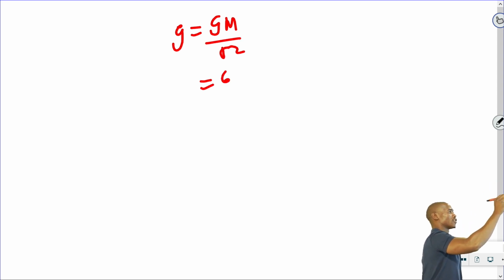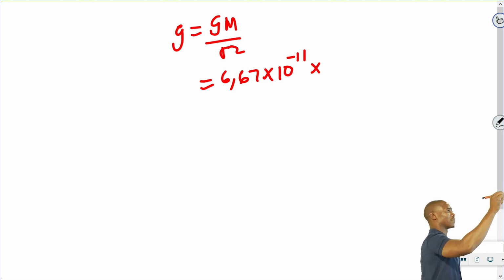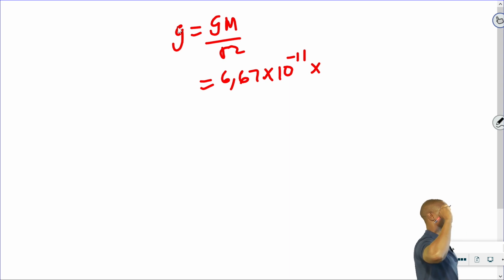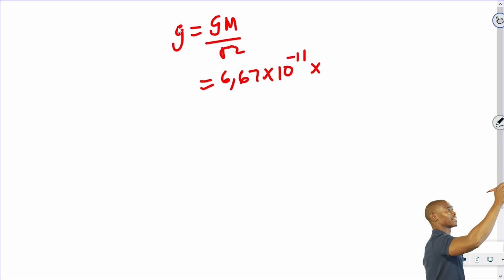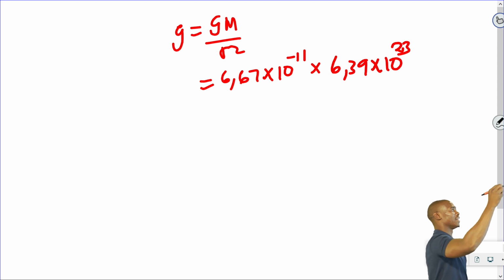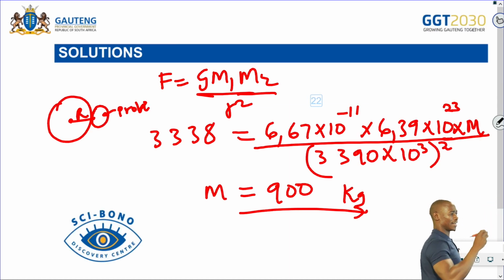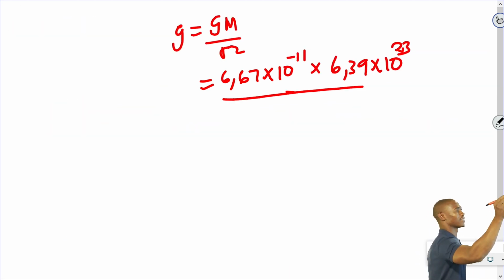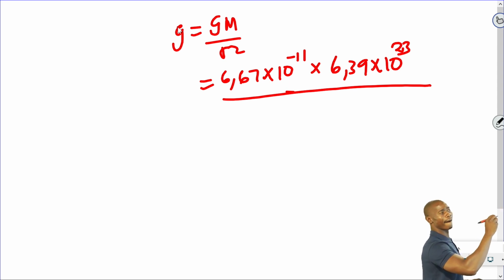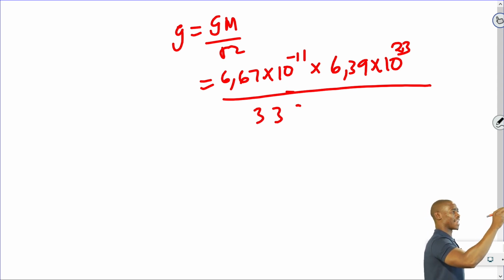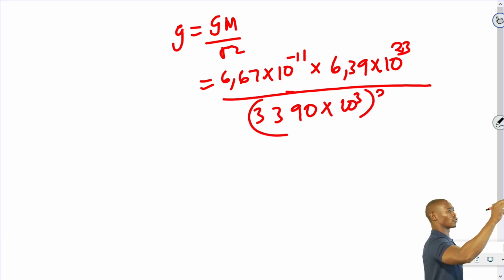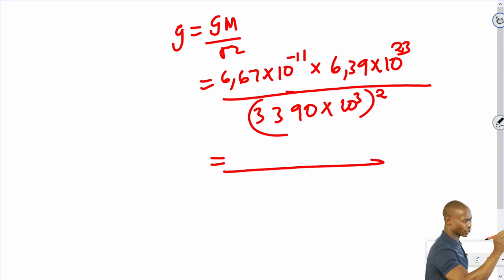G is 6.67 times 10 to the power negative 11, multiplied by the mass of planet Mars, which is 6.39 times 10 to the power 23, and then the radius 3,390 times 10 to the power 3, all squared.